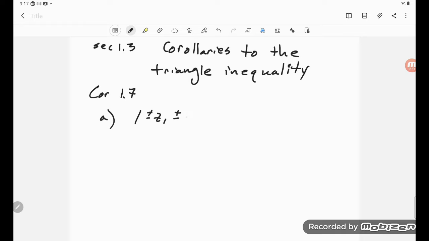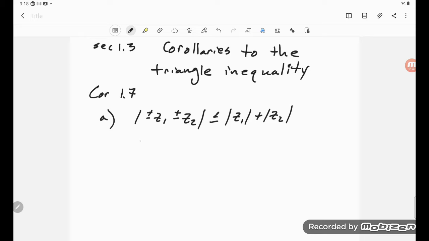It's not that they're saying it has to be Z1 plus Z2 or minus Z1 minus Z2. It could be minus Z1 plus Z2, or Z1 minus Z2, any of those are less than or equal to the absolute value of Z1 plus the absolute value of Z2. So yeah, minuses and so forth don't matter.